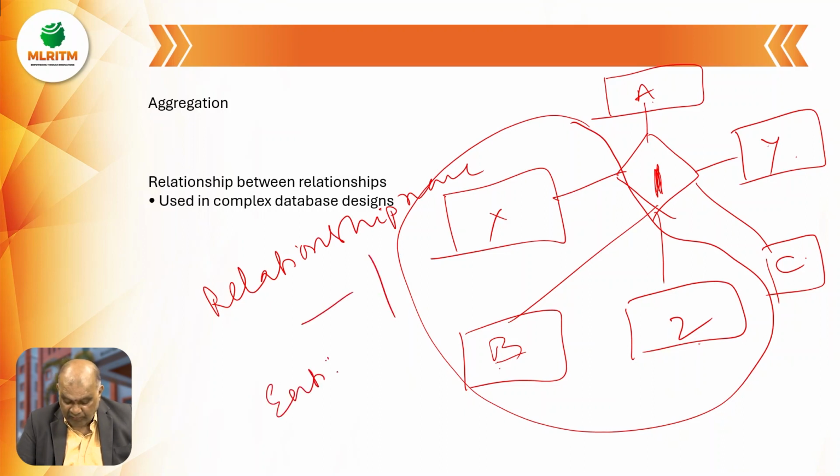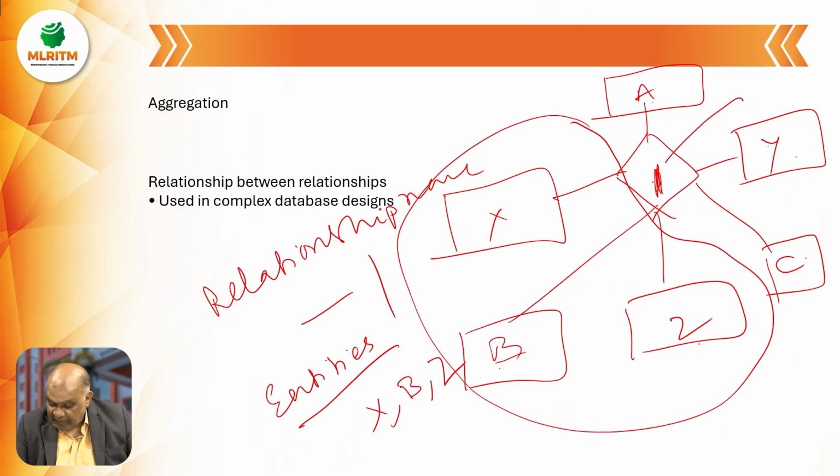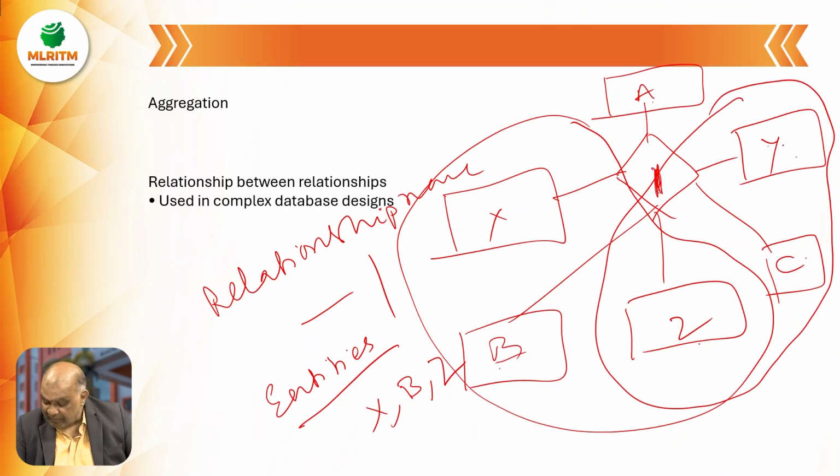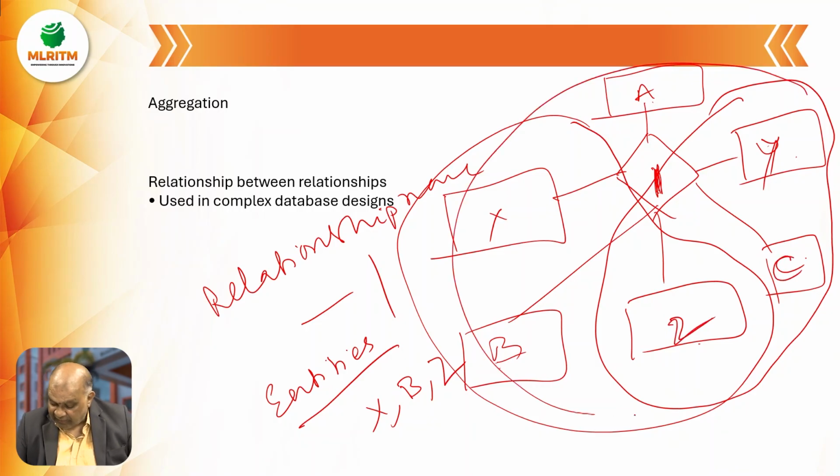Entities who are maintaining the relations are X, B, and Z. So if I give like this, that means this aggregation, relation 1, is maintained by Y, Z, and C. If I give total like this, then this relationship 1 is maintained by all the entities. So all the entities are going to participate in the relation. So we can specify what all entities are going to participate in that particular relation.